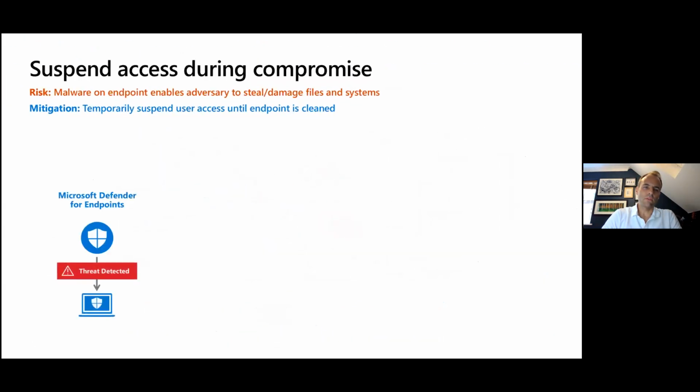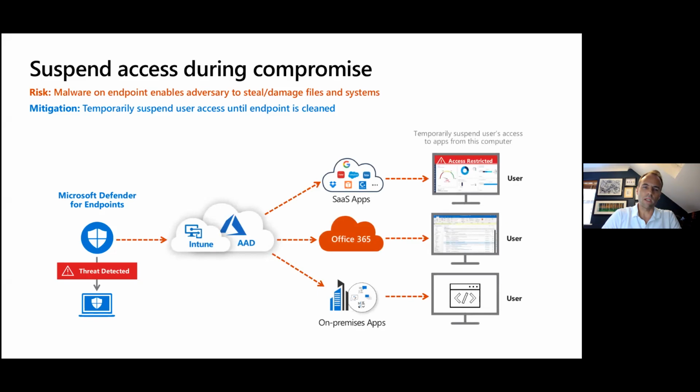So we'll pick up from where Microsoft Defender for Endpoint picked up that initial alert, and how that suspension of access can work through things like conditional access. MDE sees that alert, the anomalous behavior happening on the device, and while it starts that investigation in the background, the machine risk score gets reported to Intune.